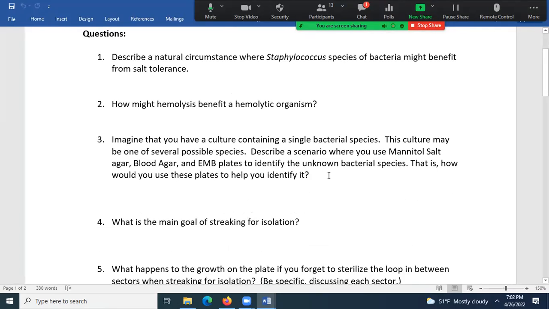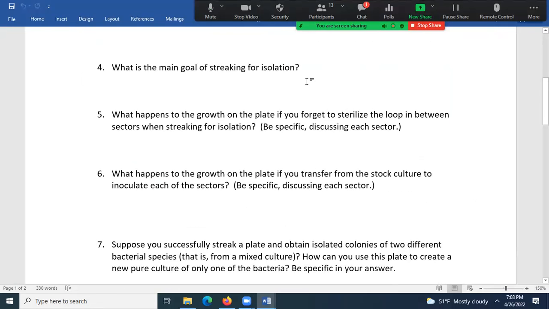How would you use these plates to help you identify what the species is? You have to discuss each of the medias, mannitol salt agar, blood agar, and EMB. Then answer 4, what is the main goal of streaking for isolation? And that's colony isolation.